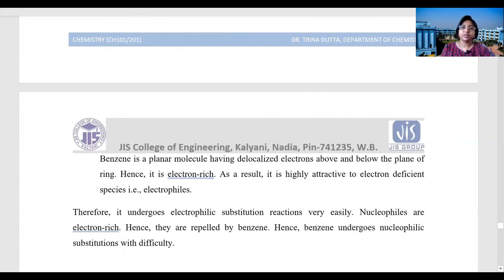So therefore we can say it undergoes electrophilic substitution reactions very easily. Nucleophiles are electron rich, hence they are repelled by benzene. Hence benzene undergoes nucleophilic substitution with difficulty.